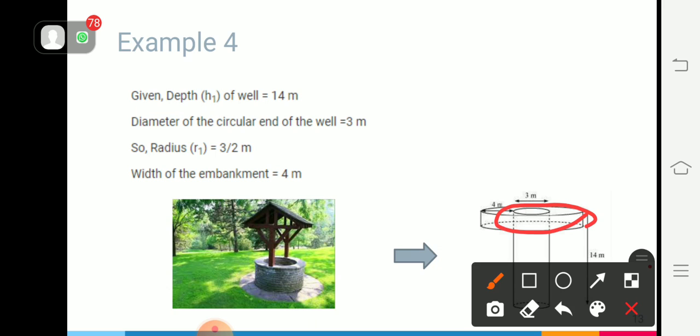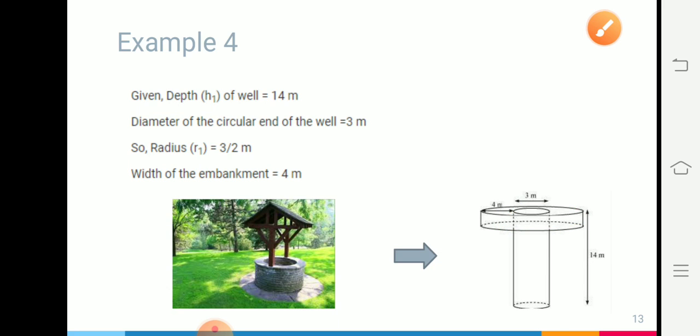So the depth of the well is given as 14 meter. The diameter of the circular end of the well is given as 3 meters. So the radius is going to be 3 by 2. And the width of this is already given as 4 meter.